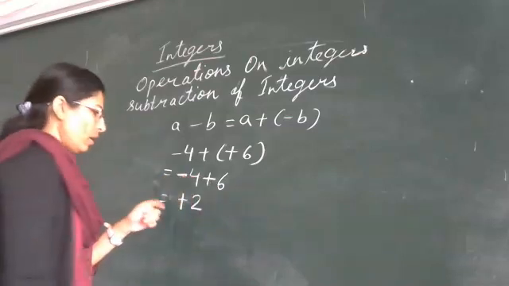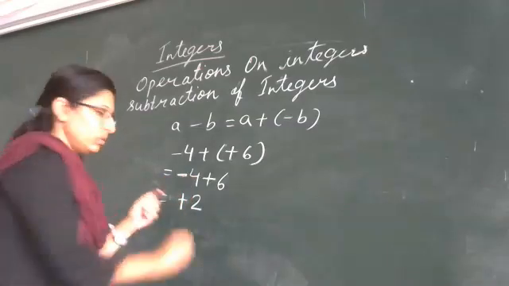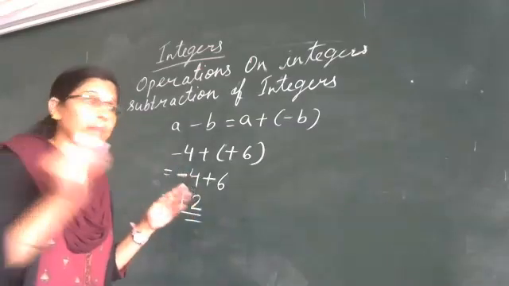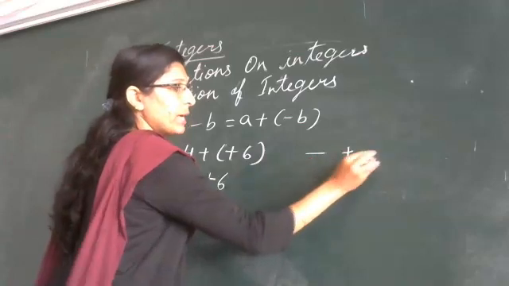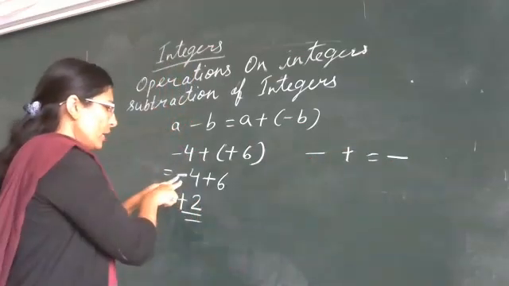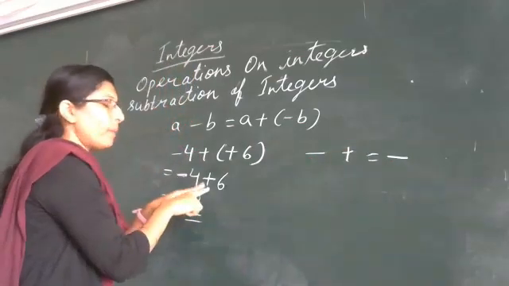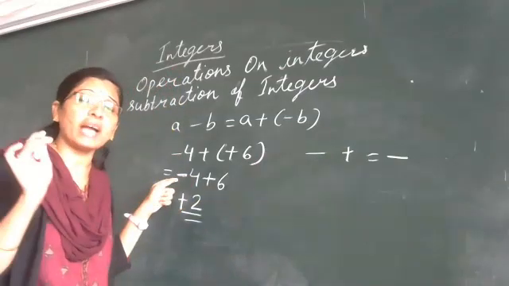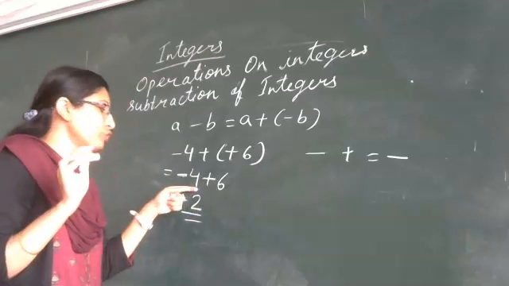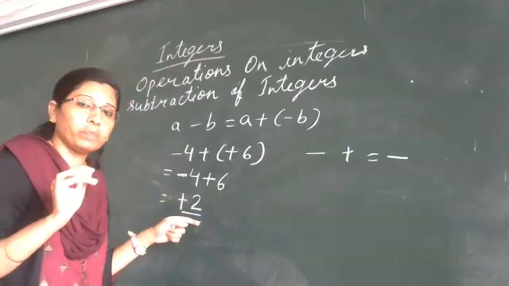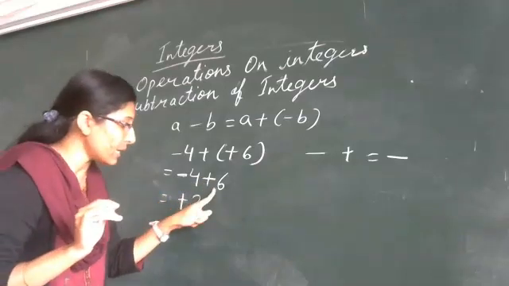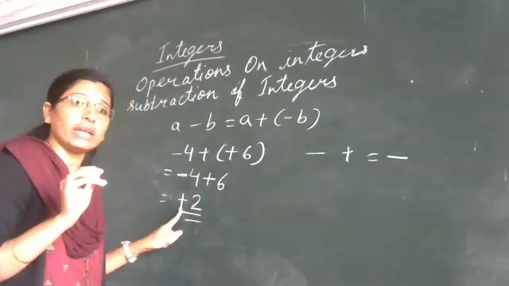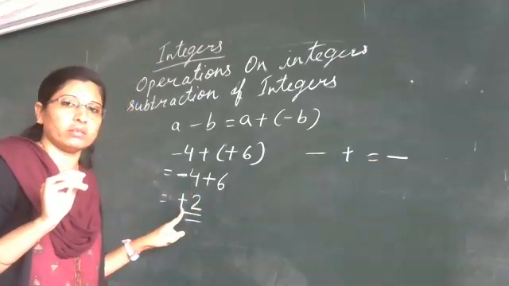Minus 2? Plus 2. See, remember this: minus plus, you have to do subtraction. So here, 1 is minus and 1 is plus, you have to do subtraction only. So 6 minus 4 is 2, and the greater number is 6. 6 has a plus sign, so you have to put a plus sign.